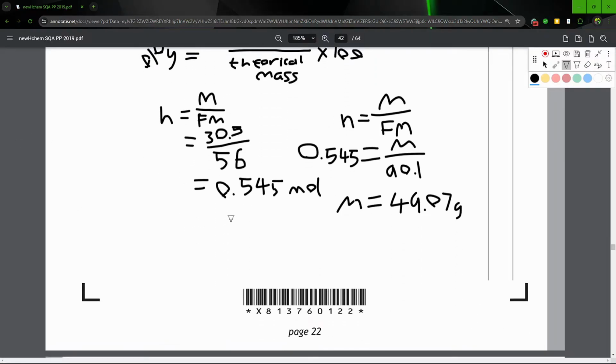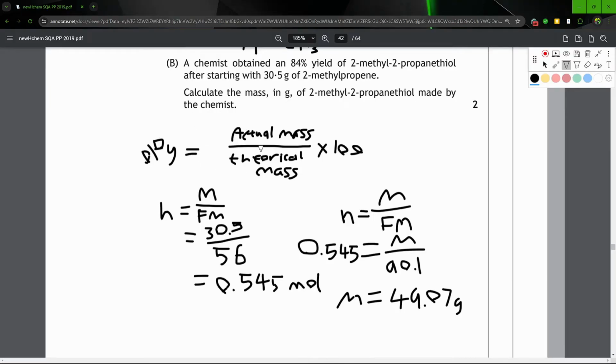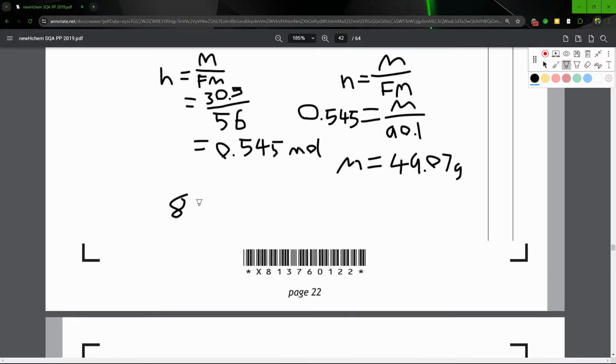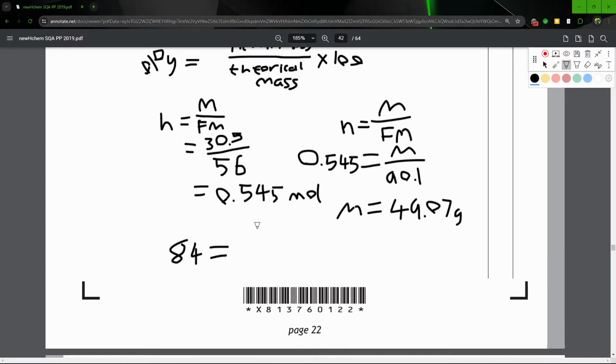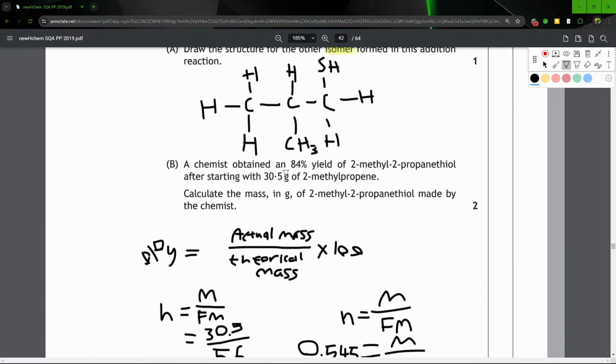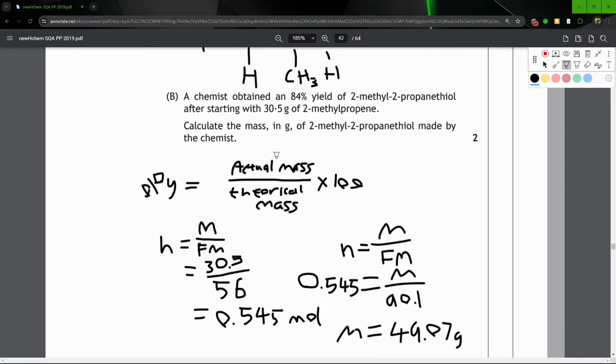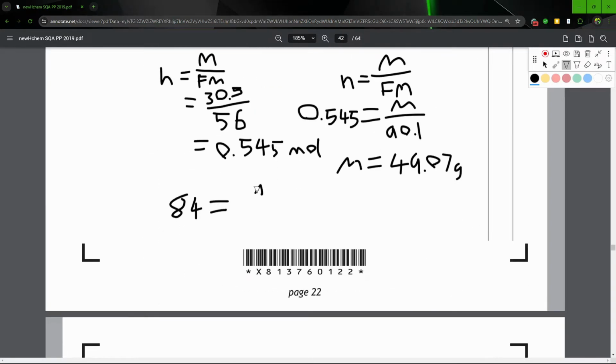But obviously it never happens. So instead, what we're going to do is plug the numbers back into this equation. So we have 84 equals actual mass, this is what we want to figure out, I'll just put it as AM, over the theoretical mass, which is 49.07, times 100. So I'll do some quick algebra.